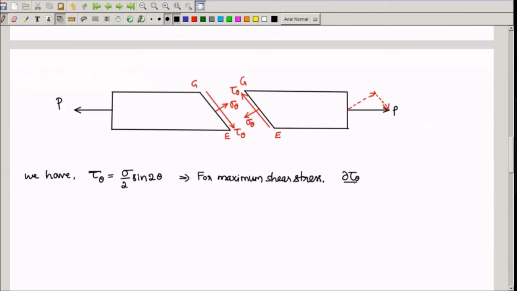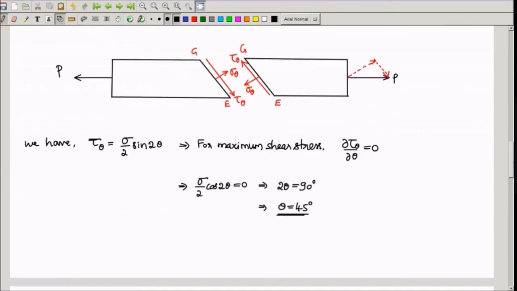Dou tau theta by dou theta, you have to do and equate it to 0. So when you do that, you will get sigma by 2 cos 2 theta is equal to 0. Sigma by 2 cannot be 0. So cos 2 theta has to be 0. And for cos 2 theta to be 0, 2 theta should be equal to 90 degree, or theta should be equal to 45.